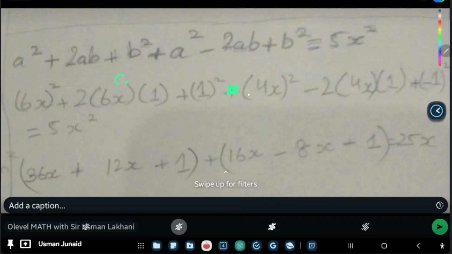So your equals to sign will be here, and there will be a plus sign here. Understand? Yes, sir. Okay. नहीं आया समझ? Should I explain again? No, sir. Got it. Okay.